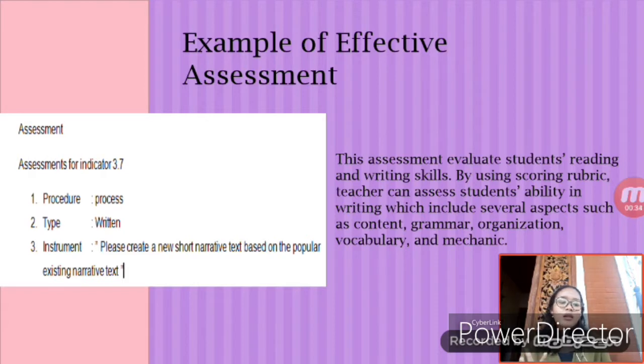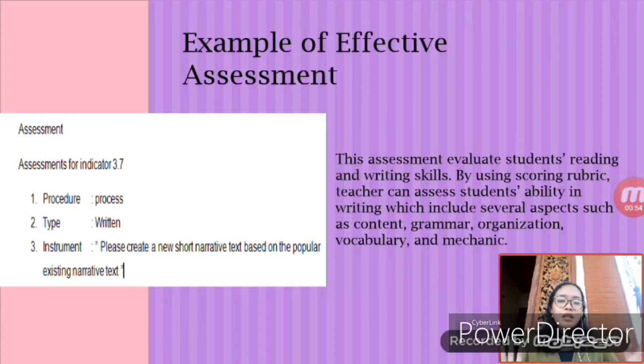By using a scoring rubric, a teacher can assess students' ability in writing, which includes several aspects of assessment, for instance, content, grammar, organization, vocabulary, mechanics.